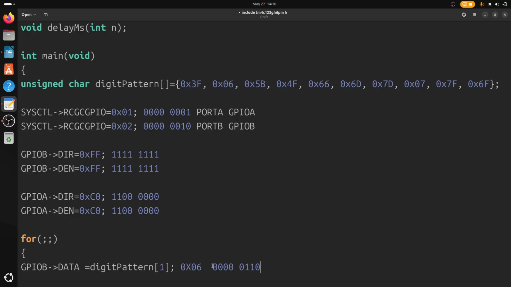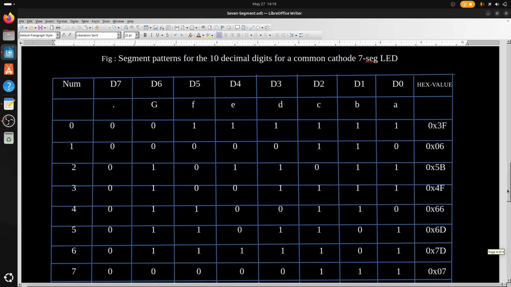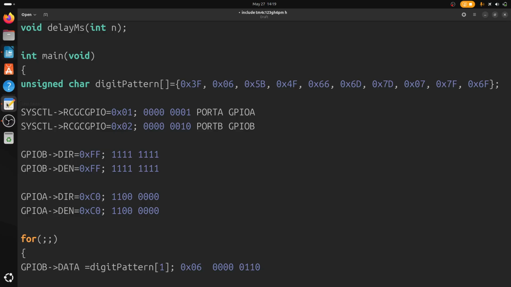So we are just supplying this value 0x06. We are supplying these values because we want to display 1 on the 7 segment, right?